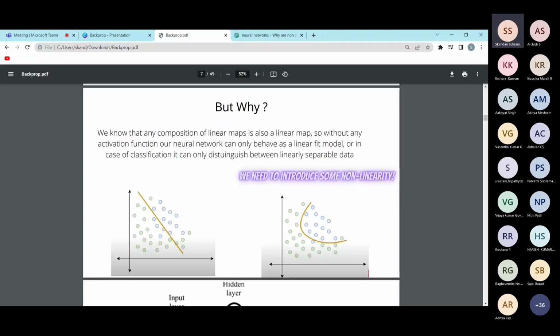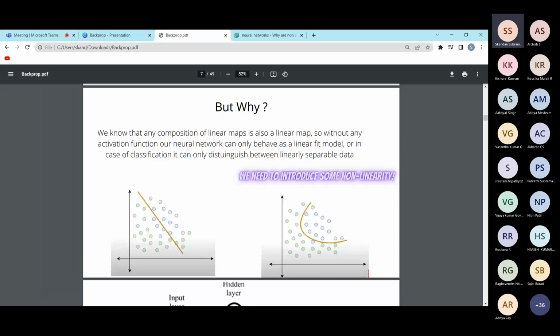For example, let's just take one variable: if you have something like ax plus b, and that x itself was some cx plus d from the previous layer, if you keep composing this repeatedly, the resultant function you get will also be a linear function. So if we don't have any activation function, our neural network can only behave as a linear map. It will only be able to classify linearly separable data, or it will only be able to provide best fit linear regression, etc.